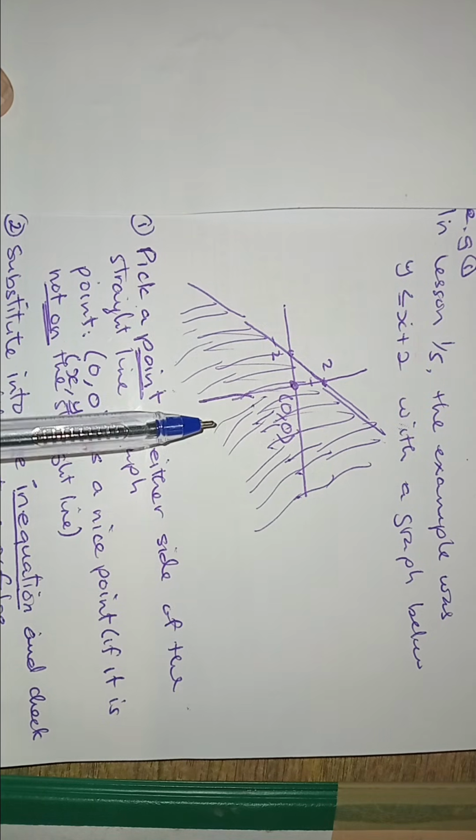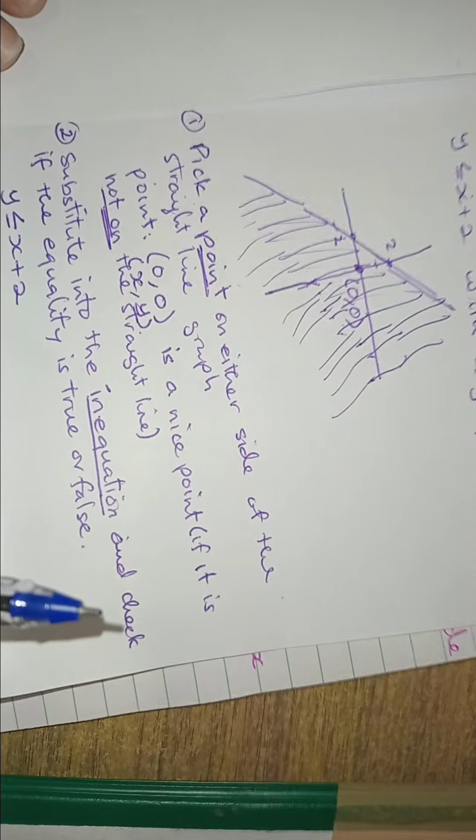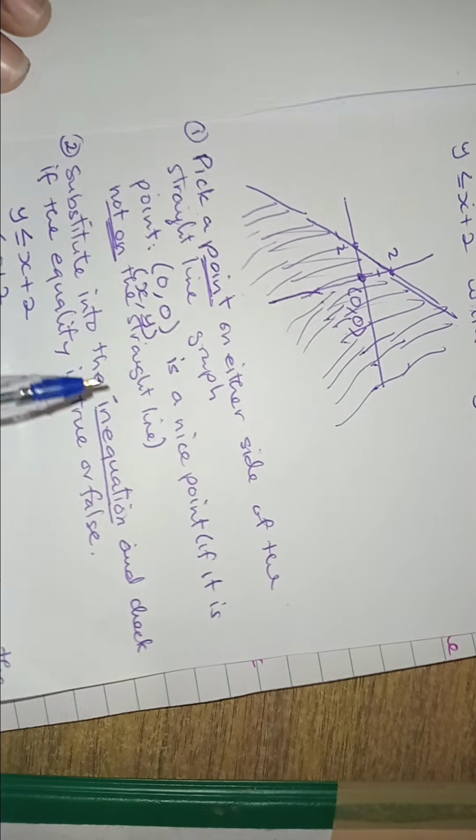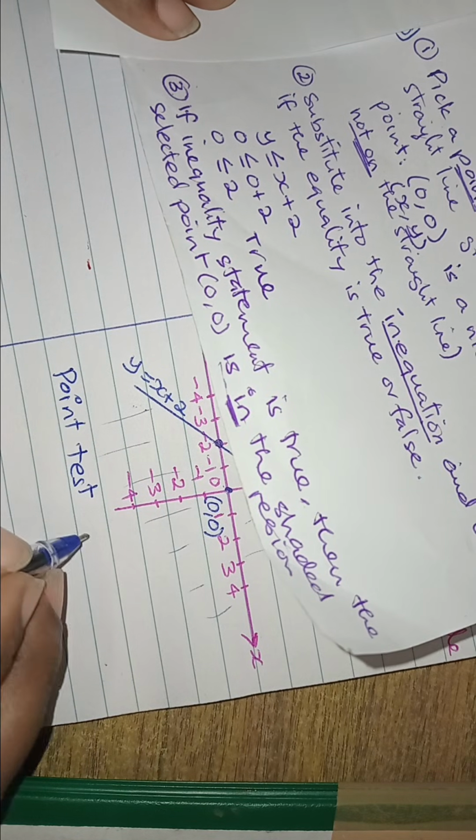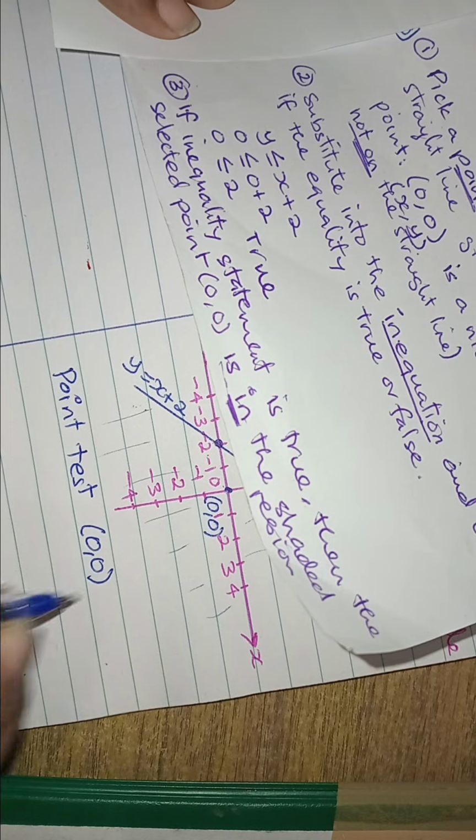Okay, this is another draft of the same graph, and it is shaded already. This one is not shaded yet, but we are going to prove if this is the right side to shade. And okay, we have picked the point 0, 0, the origin.